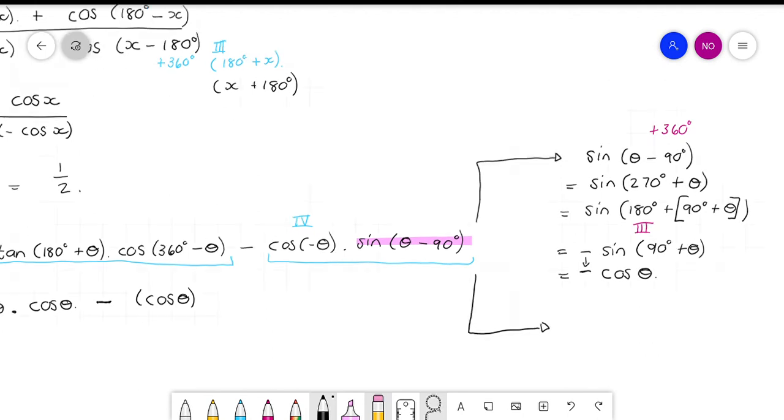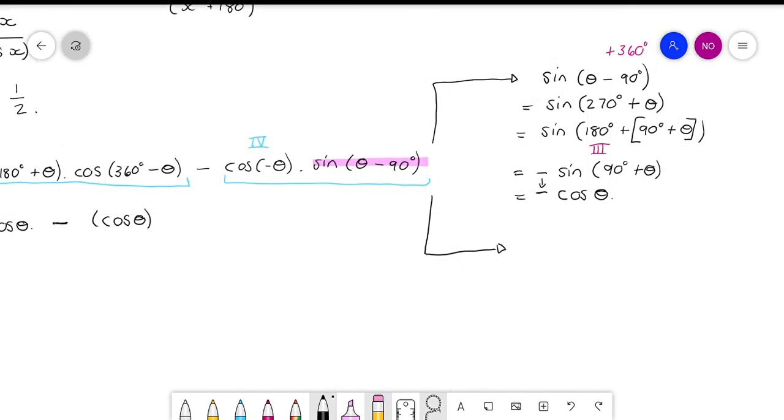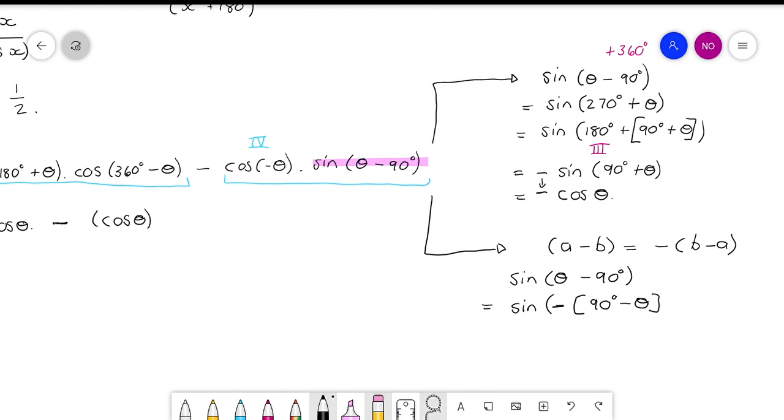The other way to do it, and you'll see we get to the same answer, is, do you remember if we have a minus b, I can write it as this. I'm going to base it on that and say that if I have sine of theta minus 90 degrees, I can write it as sine of negative, 90 minus theta.